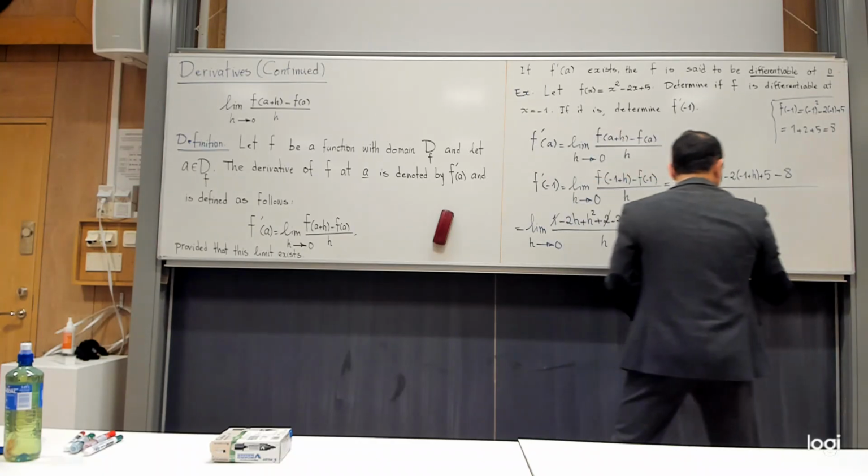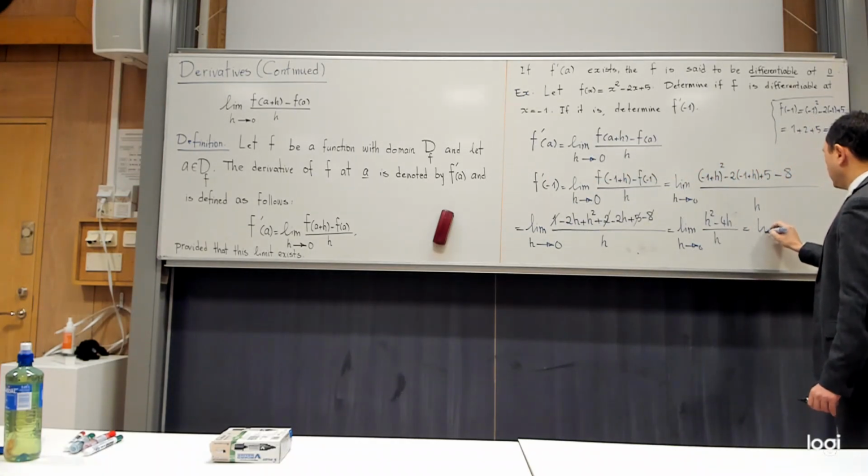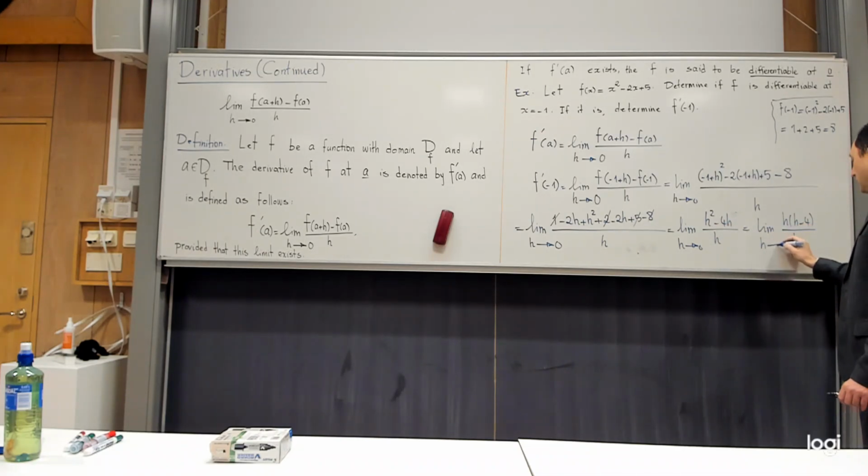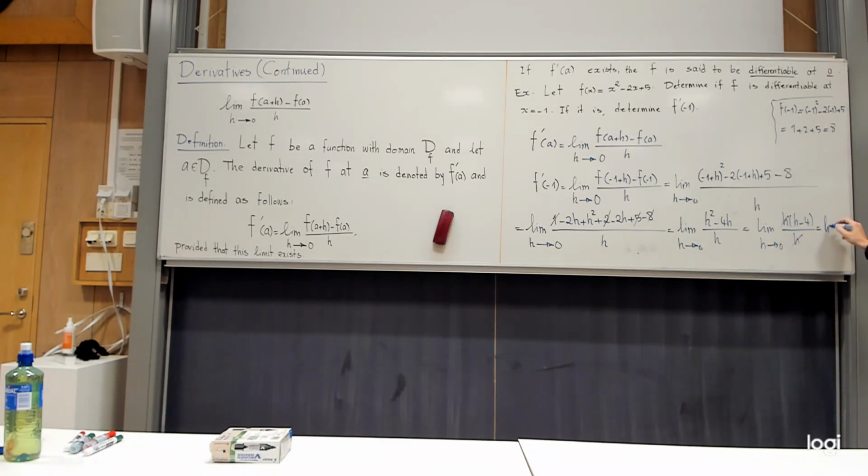Yes? And then if I want to simplify this, I factor h out. Then this one and that one are simplified, so this becomes the limit of h minus 4, h goes to 0, but then it becomes minus 4.